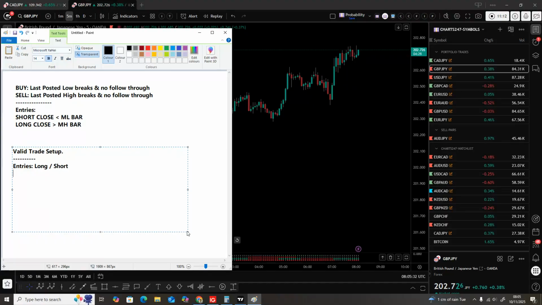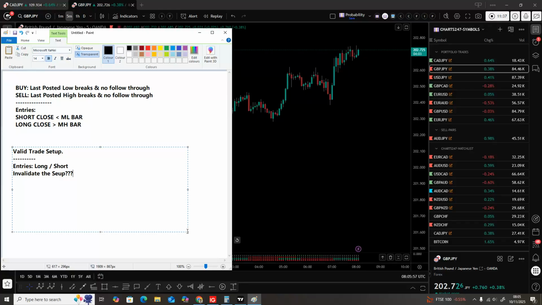Then what will invalidate the setup? That has to be the most important thing, because if you have something that validates your setup, there must be something that makes it invalid in trading. That's the way it works.